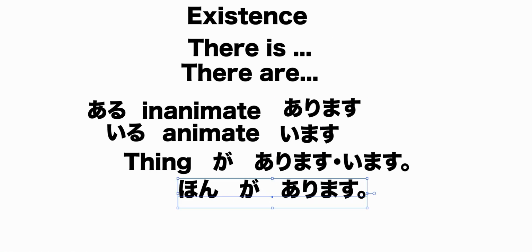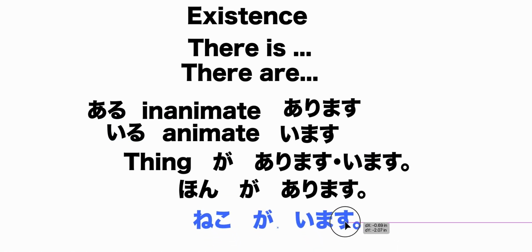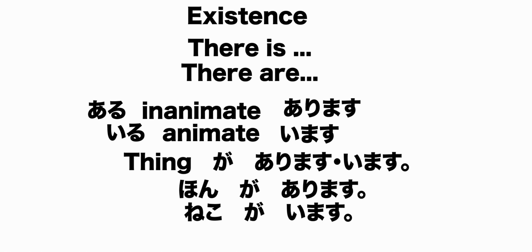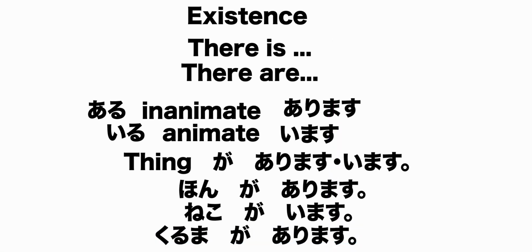Hon ga arimasu. Let's try another one. How would we say there's a cat or there are cats? Be careful. Think. Which one do you want? Answer is neko ga imasu. How would we say there's a car? Here's the answer. Kuruma ga arimasu.